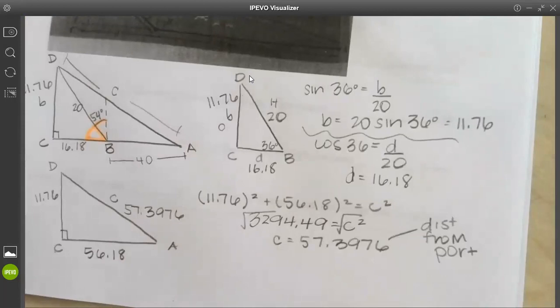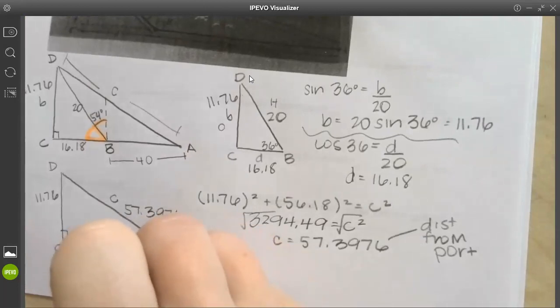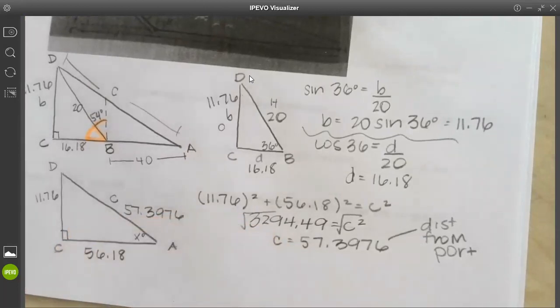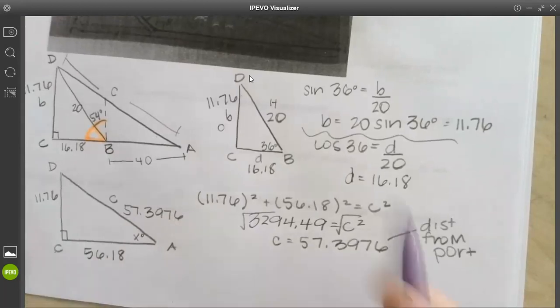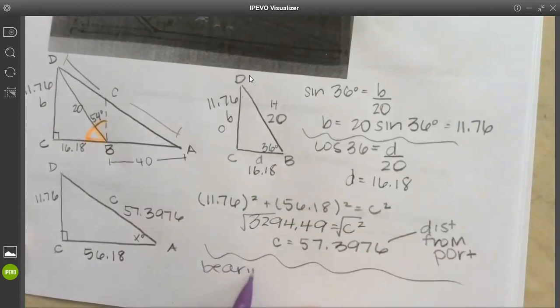Which degree do I need to find? The A, yeah. So I need to find this now. I can use any trig function that I want, and the reason I can use any trig function I want is because I have all three sides. But I'm going to use tan. So we're going to do the bearing now.